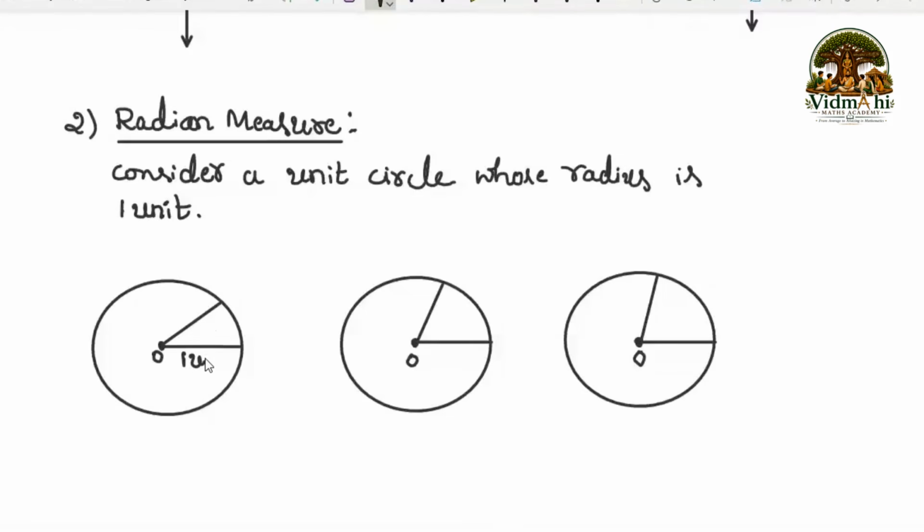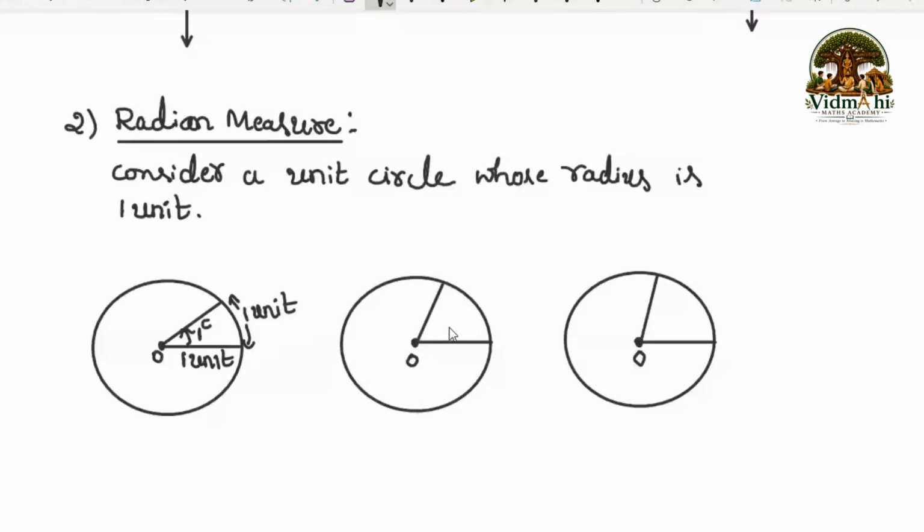Here the arc length is 1 unit and the radius is 1 unit. Now the angle is 1 radian. That means as the arc length changes, the angle also changes.